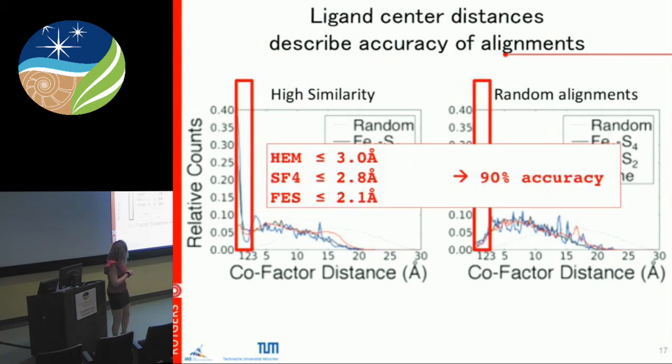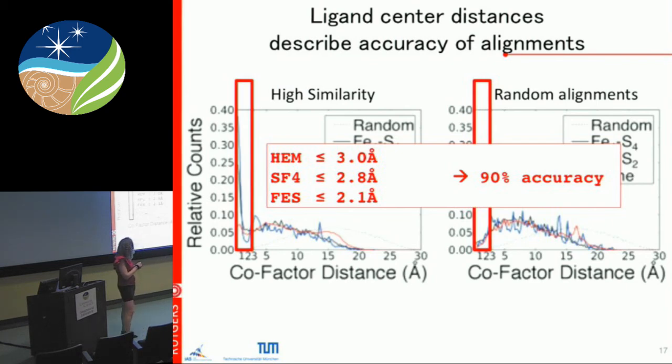And we saw that for heme-binding proteins, if the cofactors were less than 3 angstroms away, we could have up to 90% accuracy in identifying proteins that perform the same function versus proteins that perform different functions. And this is not trivial in the protein structure world. Although people believe that determining a protein structure is enough to identify its molecular functionality, this is not the case. And so we were very excited about this particular finding.